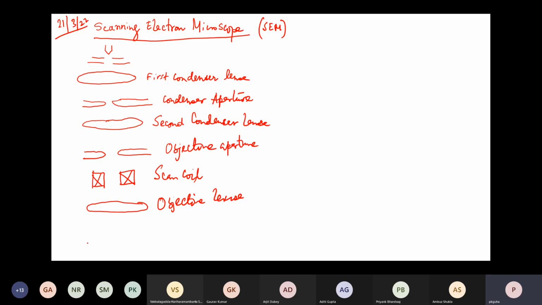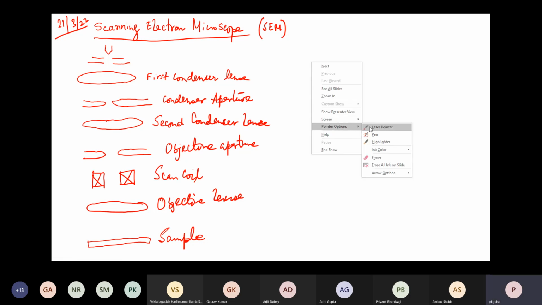Then there is your sample. This sample contains your nanostructure. All you want to do is see those nanostructures, so it is like visual inspection and verification.